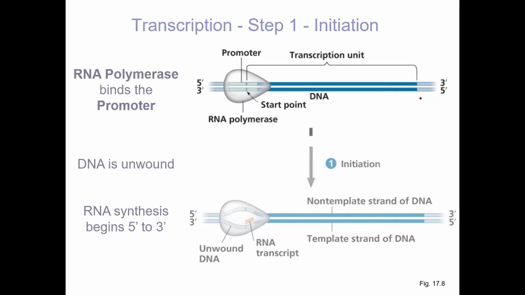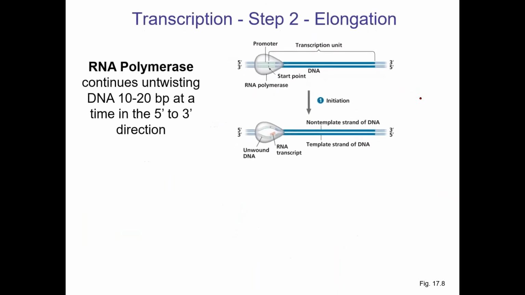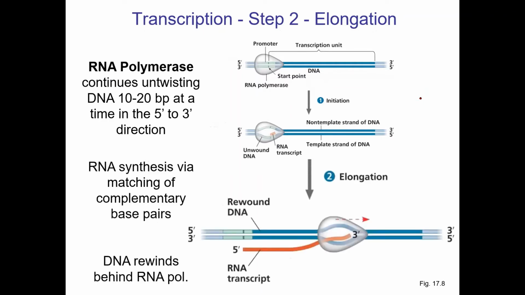So here it goes. So the next step is called elongation, and that's just basically where it's going to continue along the gene and make that RNA in the 5' to 3' direction. So you can see there's my new RNA transcript. So here's the 5', and it's going and sort of making the RNA in that direction like that. And it's going to keep on going. And like I said, it's going to look at the template strand or antisense strand, right?